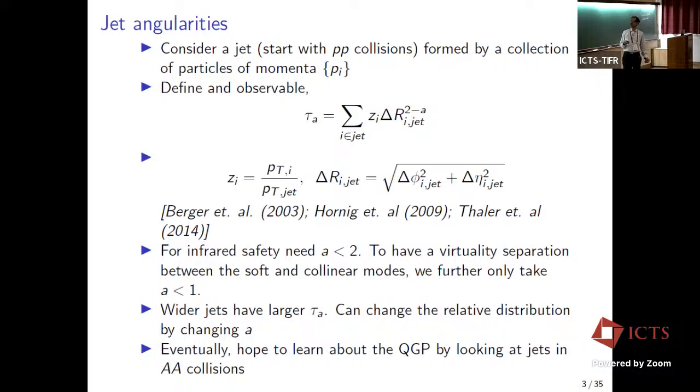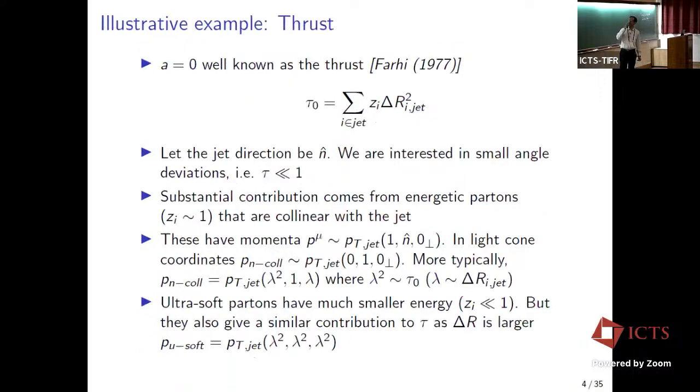In particular, one observable that has been studied a lot is called thrust, a equals 0. So basically, it goes as angle to the power of 2.